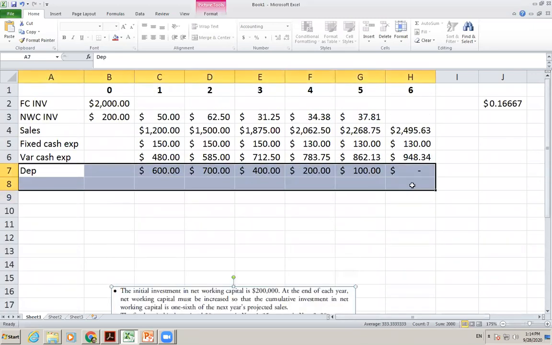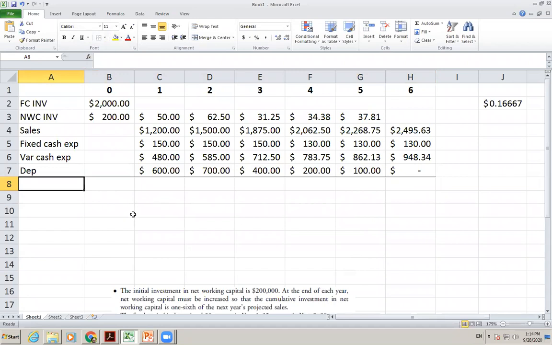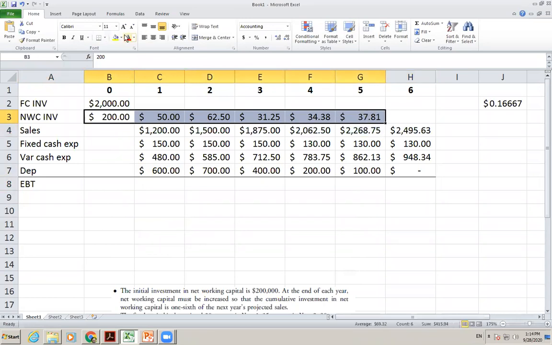Now we constructed the income statement for cash flow projection. Now we need to calculate the operating income before the tax, or EBT, earnings before tax. One thing you should keep in mind, these are the investment costs, the negative ones.